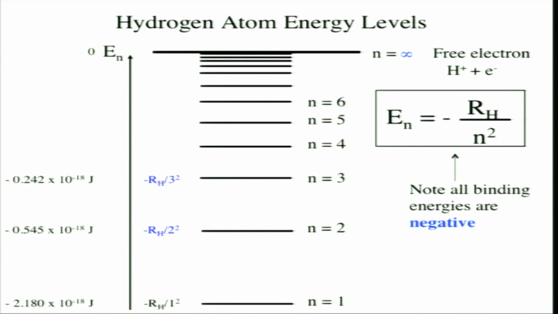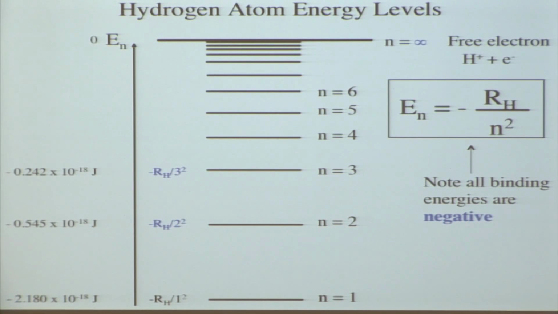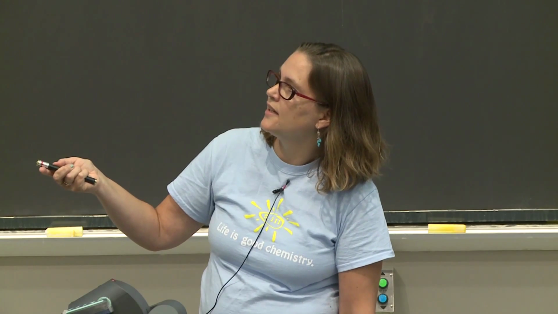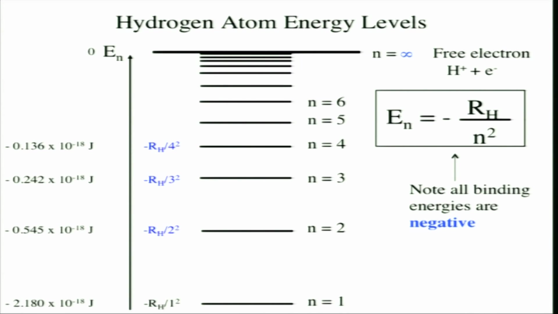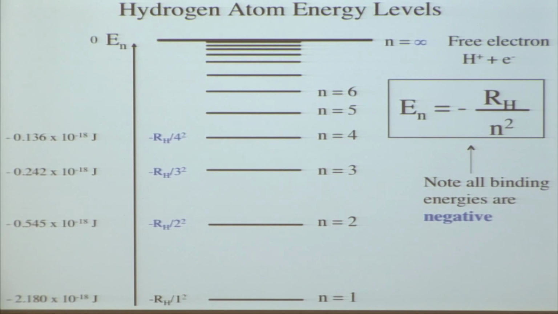N equals 3: we have R_H over 3 squared, and we can do the math over here. N equals 4, you get the idea, minus R_H over 4 squared. Then we have 5 squared, 6 squared, and you can calculate the energy levels here.